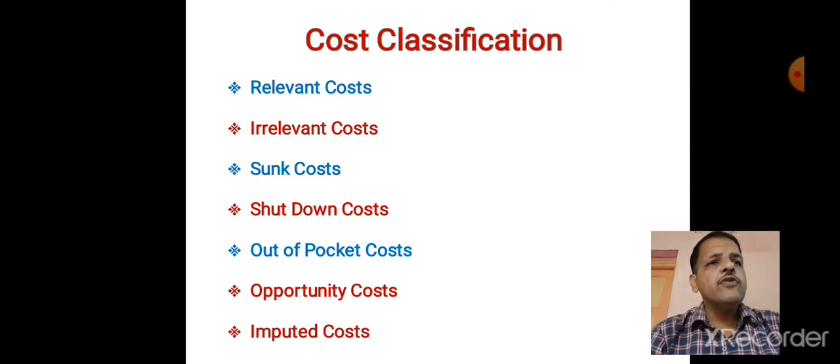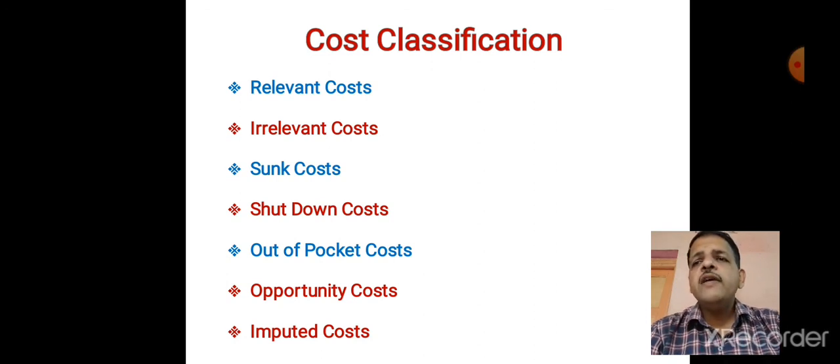Let us see the fourth concept, which is known as shutdown cost. Now, shutdown costs are the costs which are incurred even if the plant is shut down. When our plant is shut down, particular production we are not producing, even that time we have to incur certain costs.